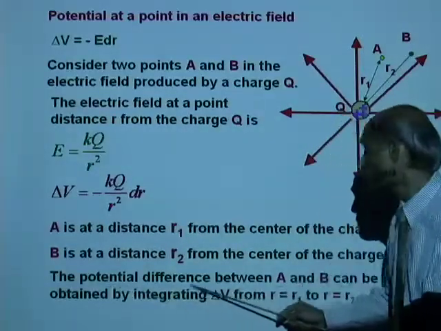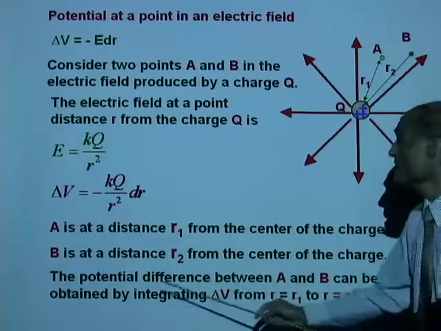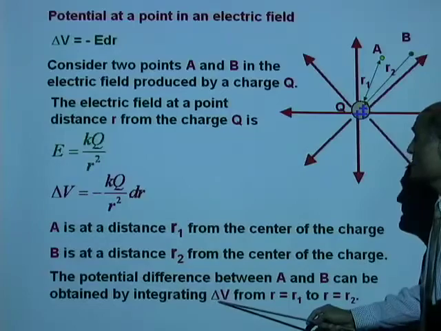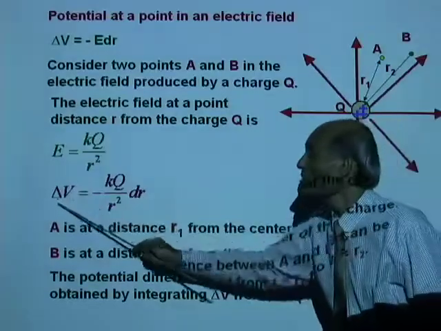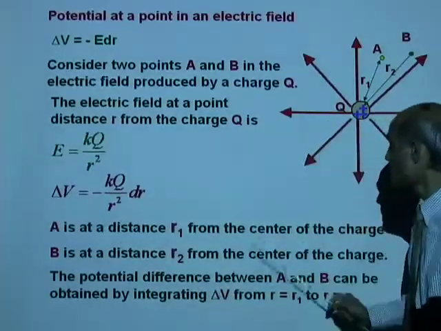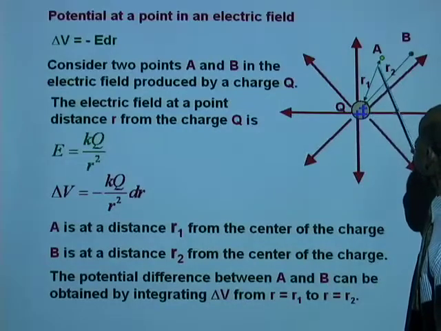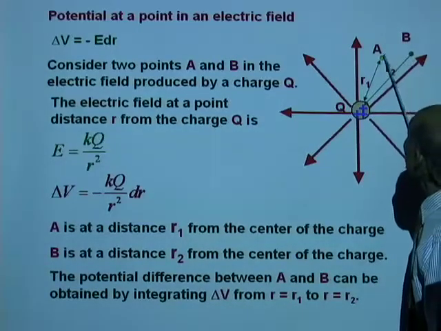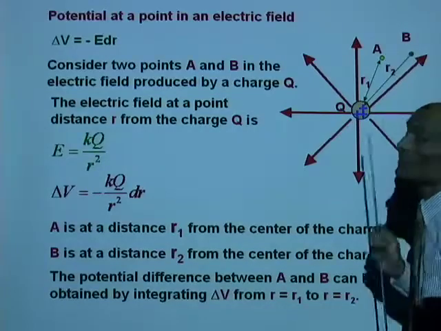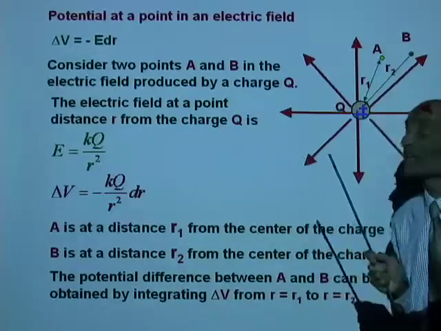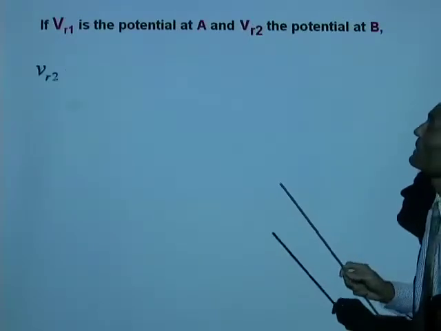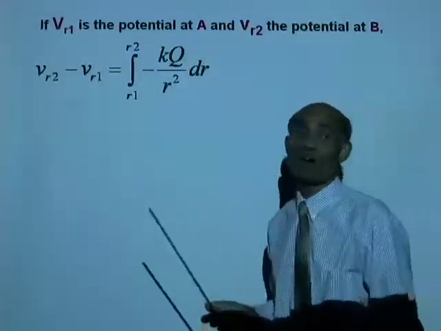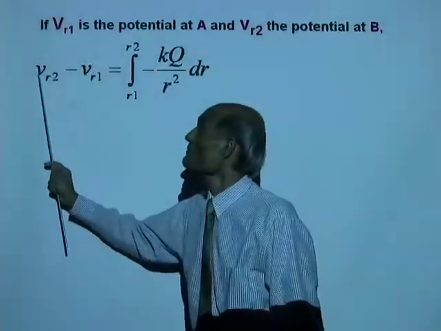The potential difference between A and B can now be obtained by integrating delta V from r equal to r1 to r equal to r2. Then we can obtain a measure of the potential difference between A and B. So V(r2) minus V(r1), what does that tell you?